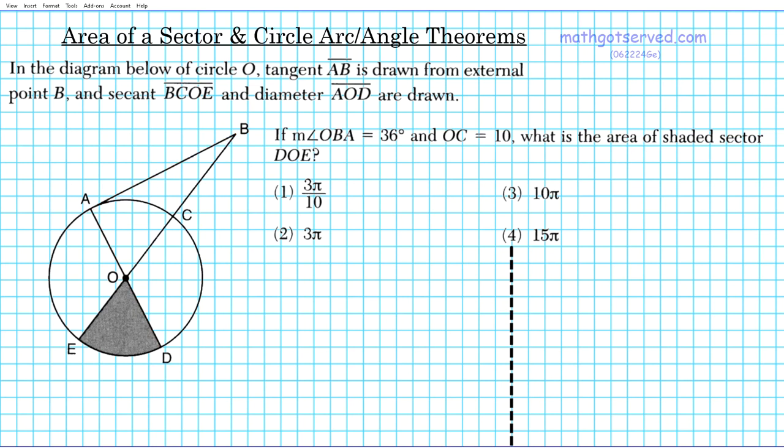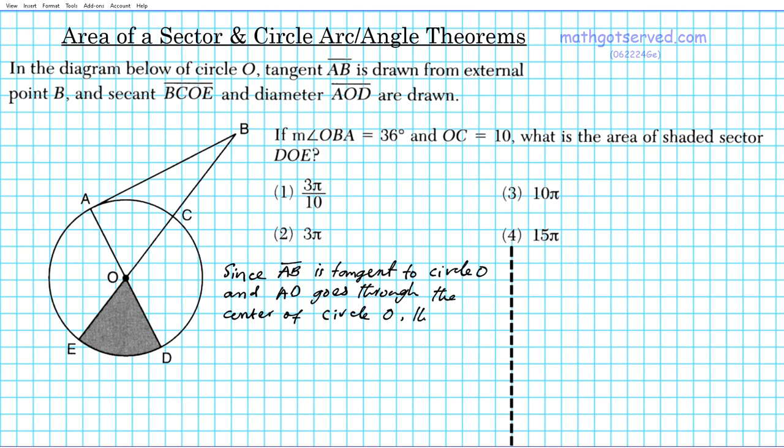Since segment AB is tangent to circle O, and AD goes through the center of circle O, then the measure of angle A is 90 degrees.